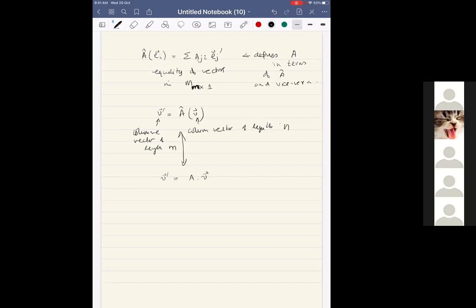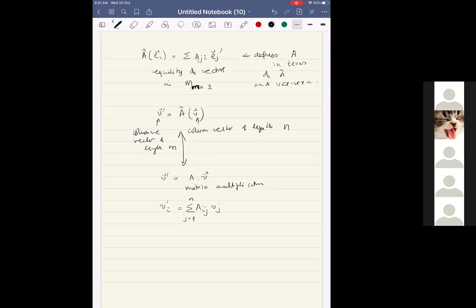But here, this is matrix multiplication. And in terms of the coordinates of these column vectors, you will get v prime i equal to the sum over j equal to 1 to n of a ij vj.